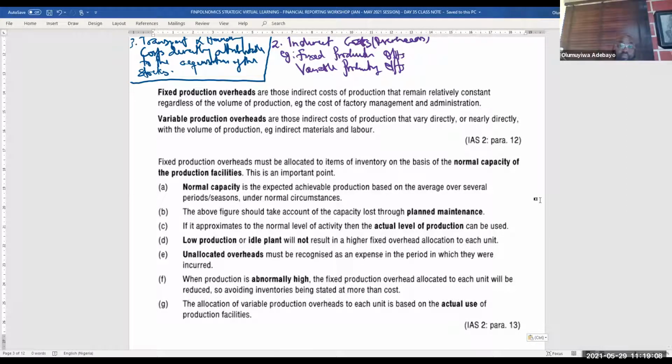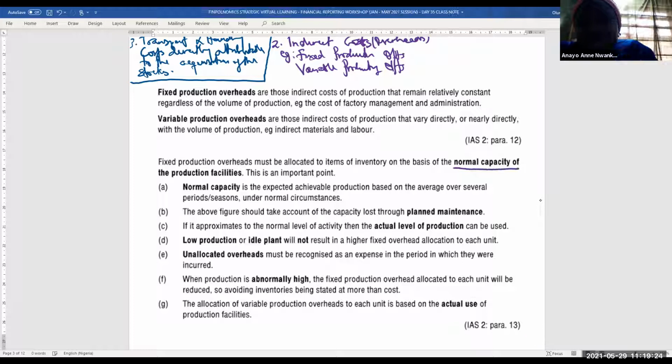Fixed production overhead must be allocated to items of inventory on the basis of the normal capacity of the production facilities. This is an important point. A, normal capacity is the expected achievable production based on the average over several periods or sessions or seasons under normal circumstances.